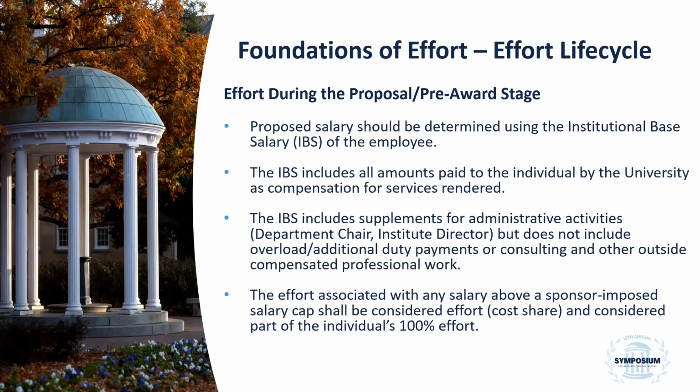If they're a department chair or institute director, we should include that. It doesn't include overload payments, additional duty payments, stipends, that type of thing. And then we also want to ensure that we are meeting any mandatory cost share requirements based off the salary caps for the sponsors and that type of thing, as that cost share is considered effort.